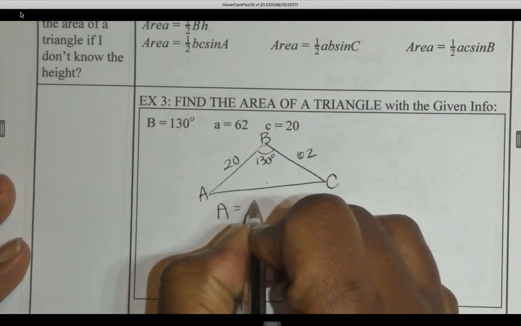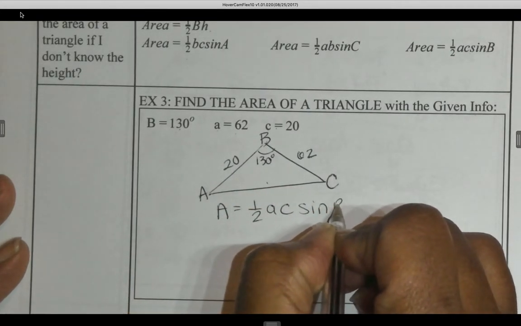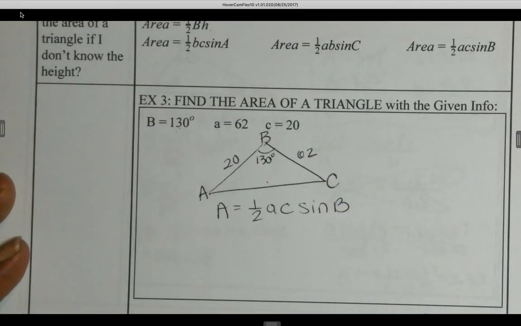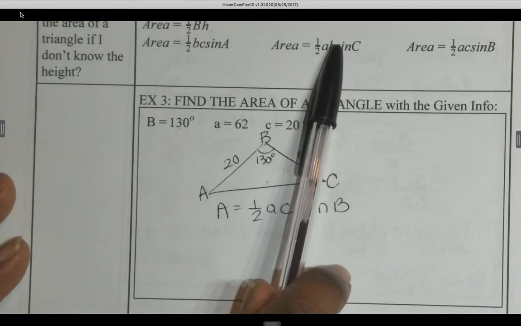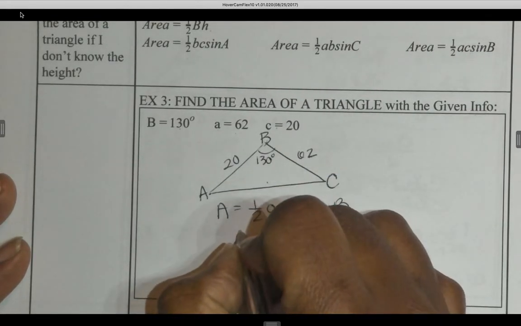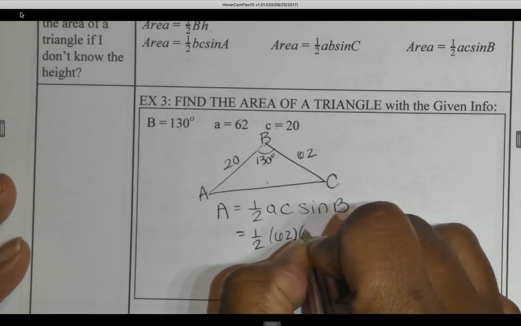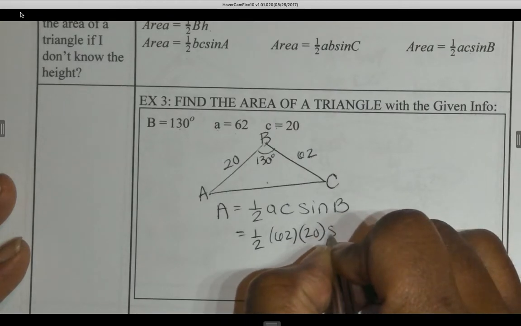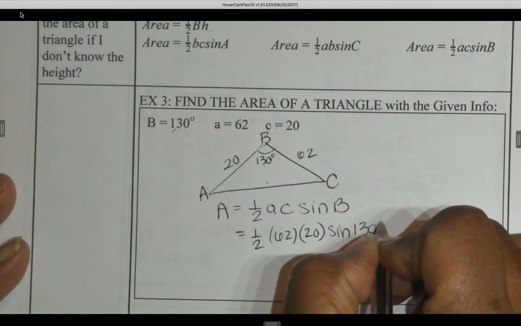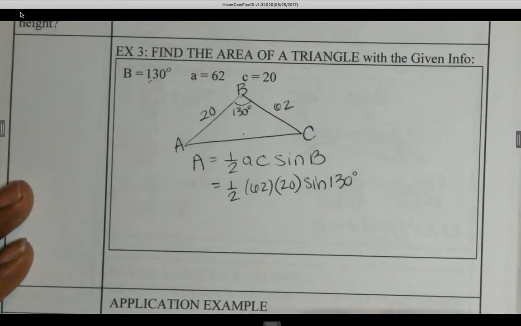Area equals 1/2 A times C times sine of B. I can't use the other formulas unless I have those measurements to plug in, so I'm going with the one I have all the numbers for. A is 62, C is 20, and angle B is 130. I'm plugging all this into my calculator.